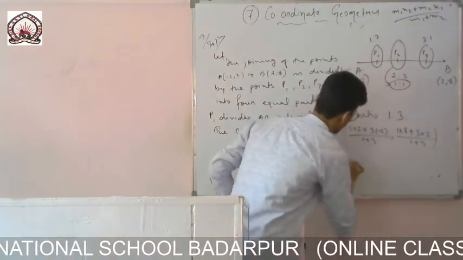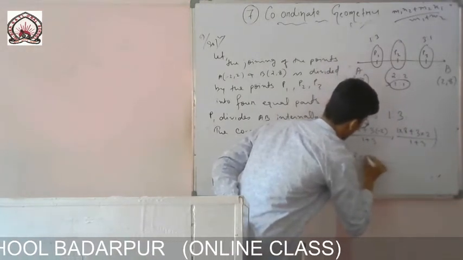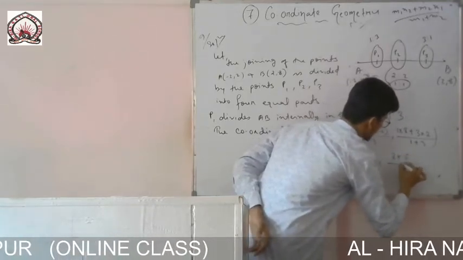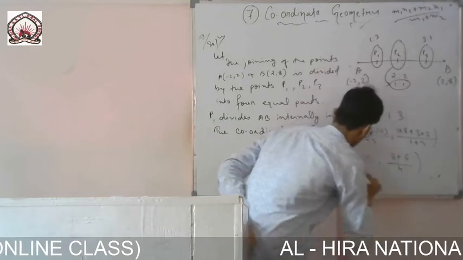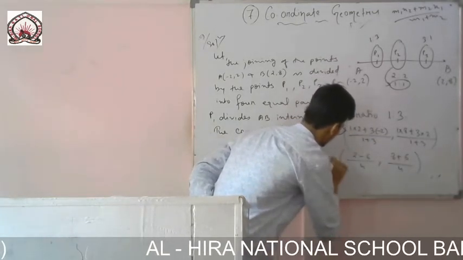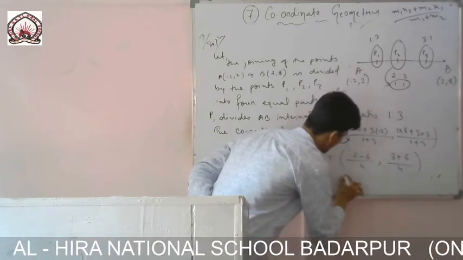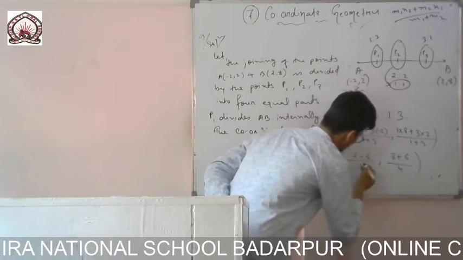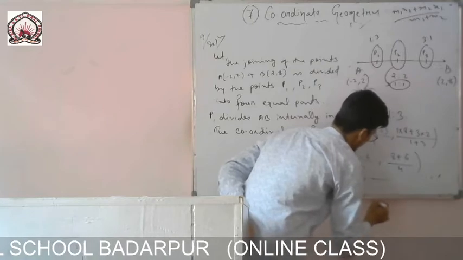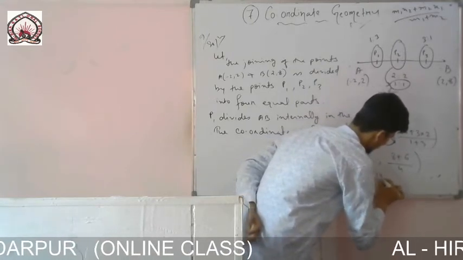So what are the values? 2 1s are 2 plus 3 2s are 6, so it will be minus 6 by 4, comma, and on that side 1 8s are 8 plus 3 2s are 6 by 4. So the coordinate will be equal to 2 minus 6, that is minus 4 by 4, and there it is 14 by 4.